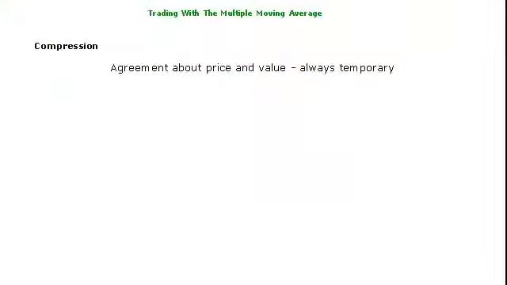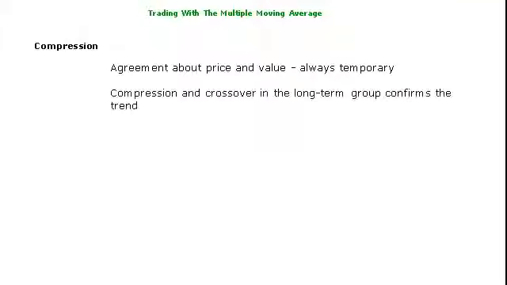Compression, as we were discussing earlier, is an agreement about price and value, and it's always temporary. The compression and crossover in a long-term group confirms the trend. So what we're looking for is compression and a crossover in the long-term band.